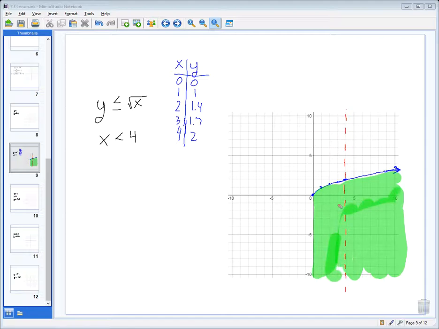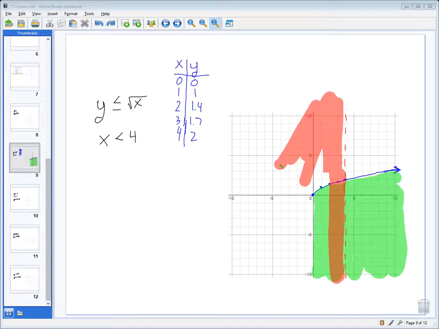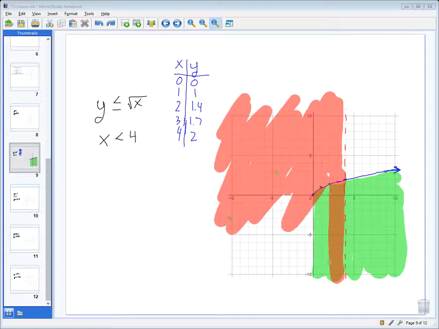Which means we would have the entire section everything less than 4. So this whole thing, everything less than that. So that's all of this stuff over here. So graphing these two things separately, notice that we have all of this stuff over here.